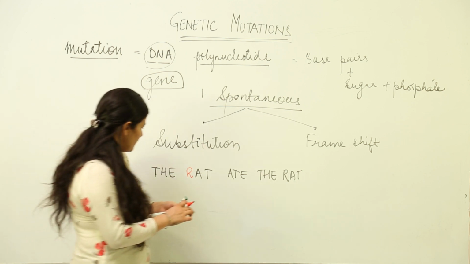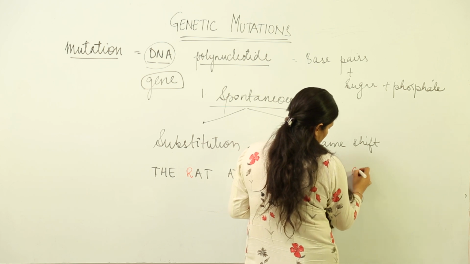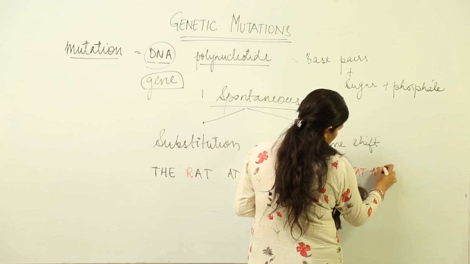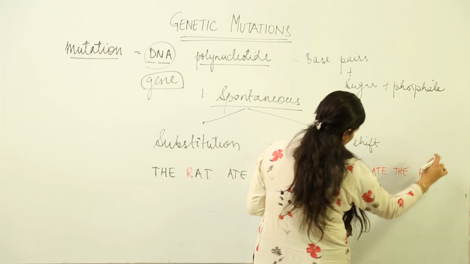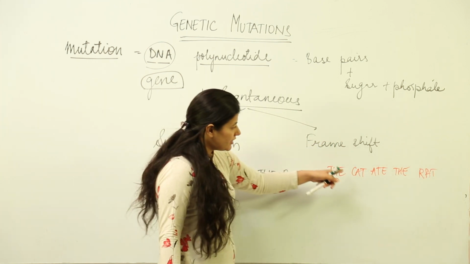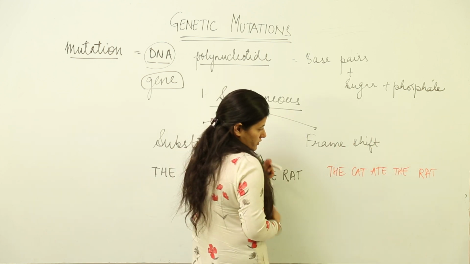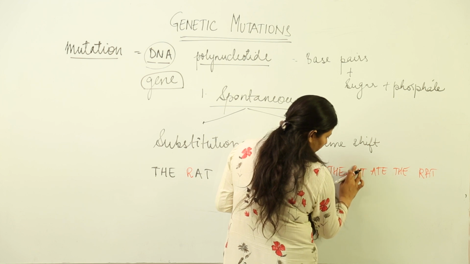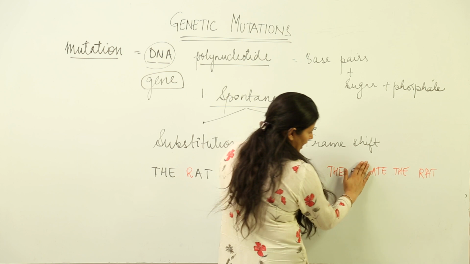In the same way, supposedly I have, in the case of frameshift mutation, the cat ate the rat. Here what is done is that something comes and it pushes the entire frame. Now supposedly I put another E over here. Okay. So what will happen?